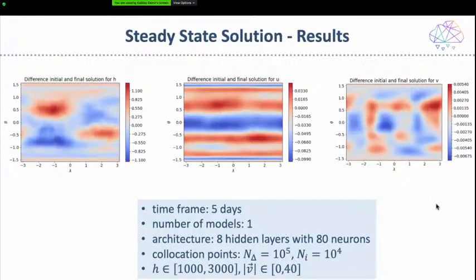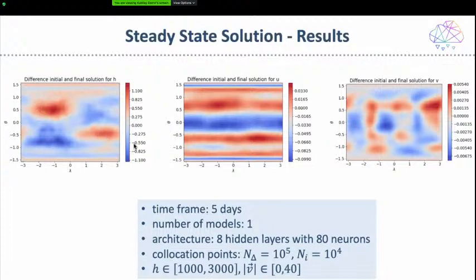Now for the second test case, this is the first one where they actually use the full shallow water equations. Now they integrate over 5 days, and in this case only use one model. This is a geostrophic flow that is not completely constant, but after a certain time frame it repeats. What you can see here is again the difference of the final compared to the initial state, because at some point the system state basically repeats, and they take this time after 5 days and compare to the initial state.